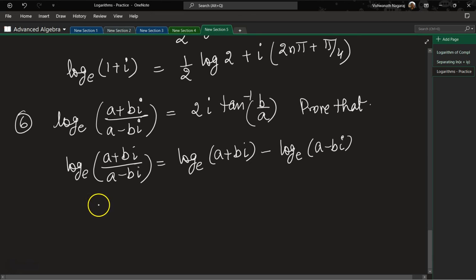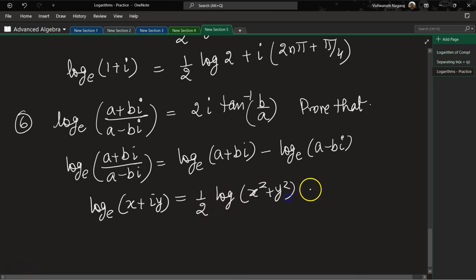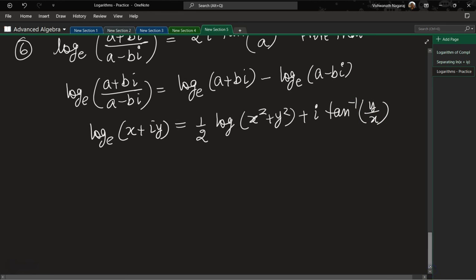Okay, and we also know that log e of x plus iy is equal to 1 by 2 log of x square plus y square plus I tan inverse of y by x. So we apply this in both of these two cases.